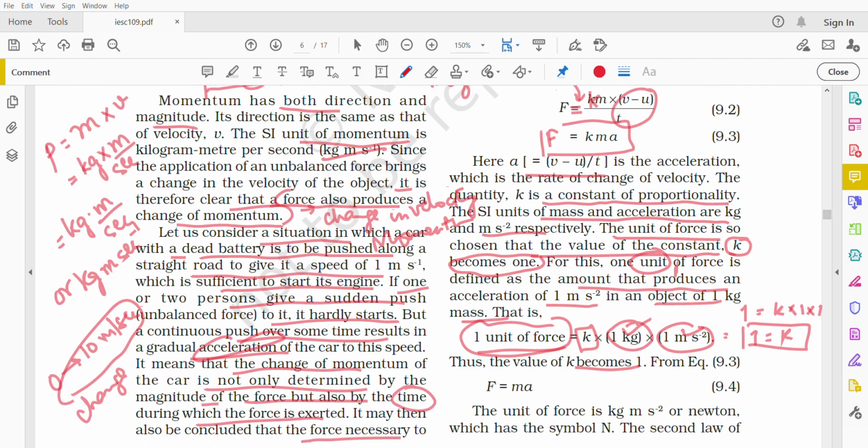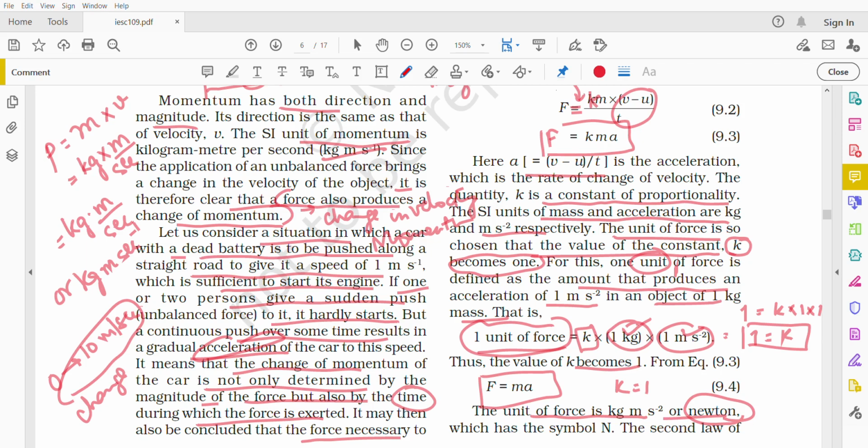So finally, when k becomes 1, we can write F is equal to m into a, because earlier we wrote F is equal to k m a, and k is equal to 1. So the unit of force is kilogram meter per second square. This is known as Newton. What is the unit of force?